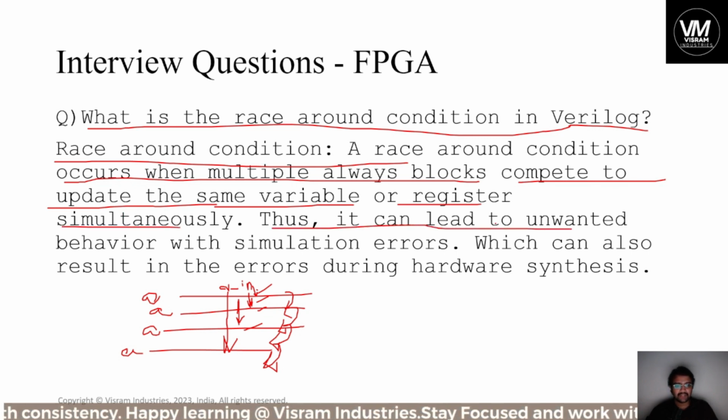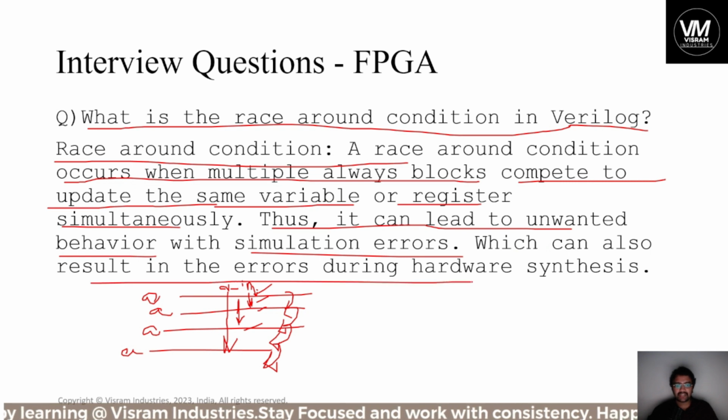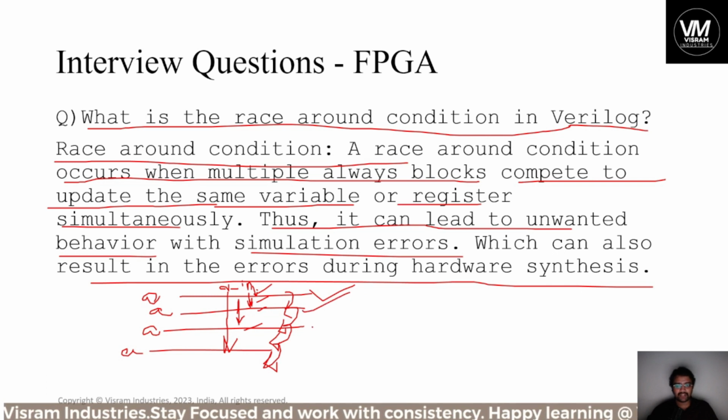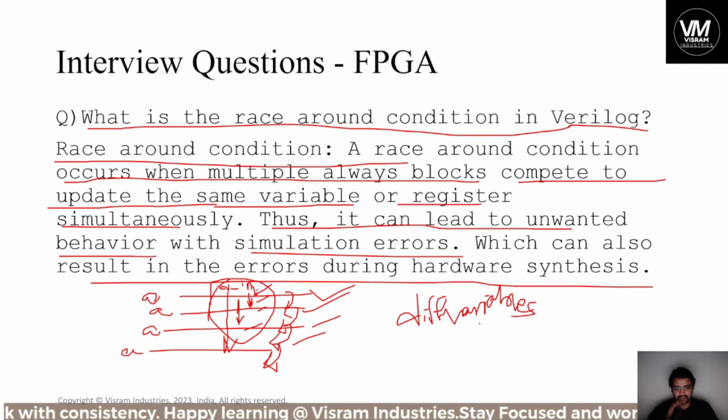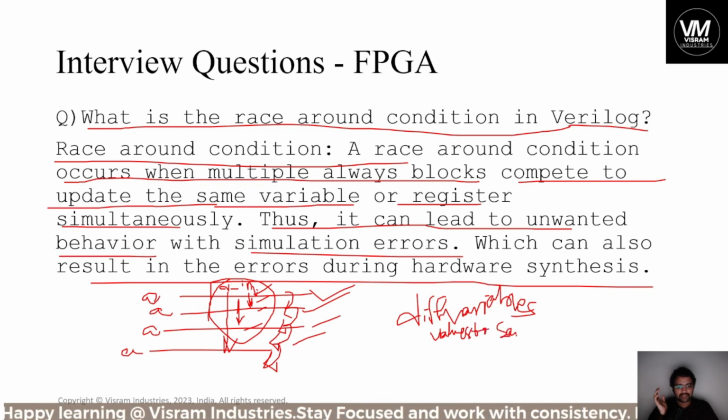Thus, it can lead to unwanted behavior with simulation errors, which can also result in errors during hardware synthesis. So what should happen when they are executing? You shouldn't assign different values to the same variable in different always blocks.